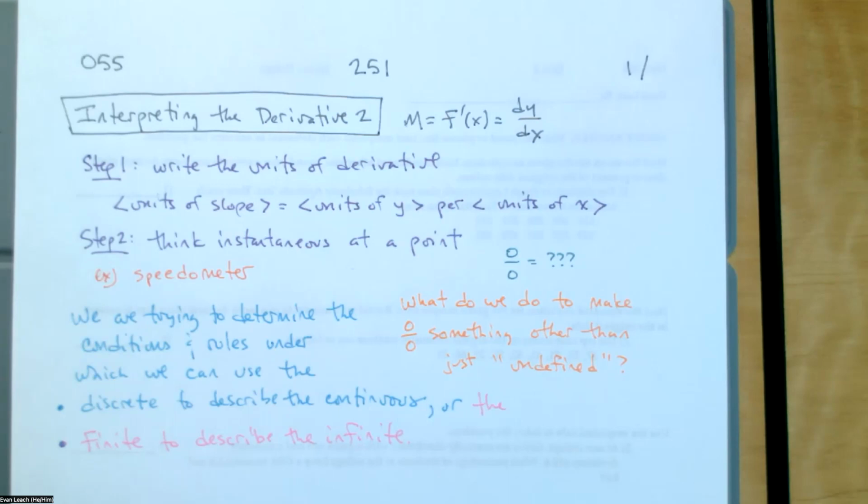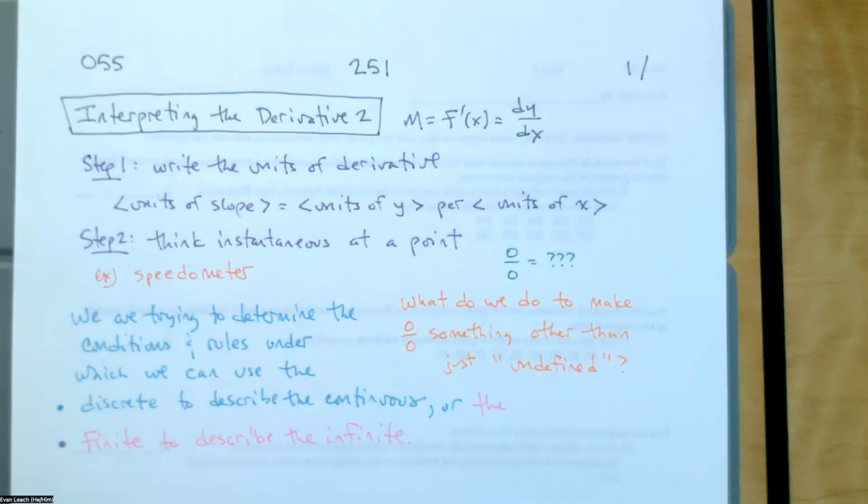This is what our limit rules are about. They have definite answers, and we know how to perform these calculations. But there's a gulf between the discrete and the continuous that we are just ultimately approximating. We're getting a feel for it. We're getting a sense of it.